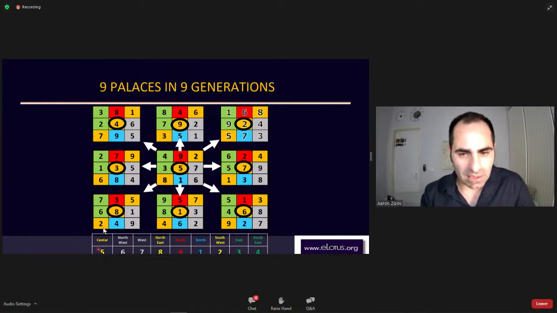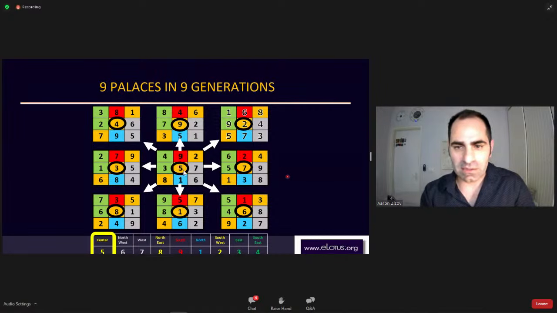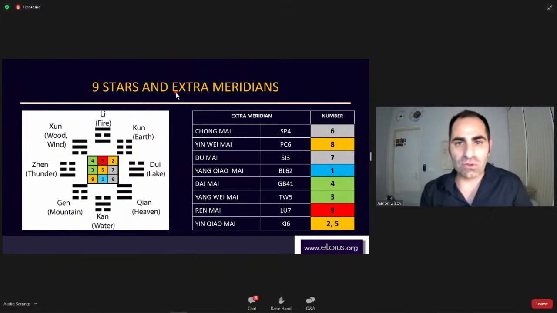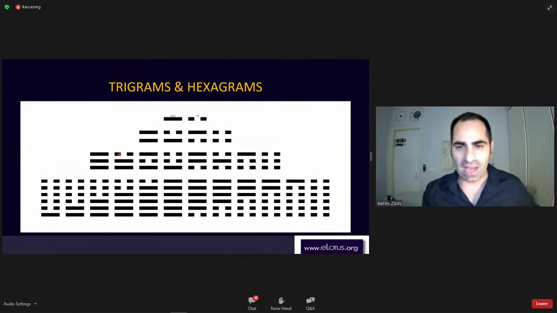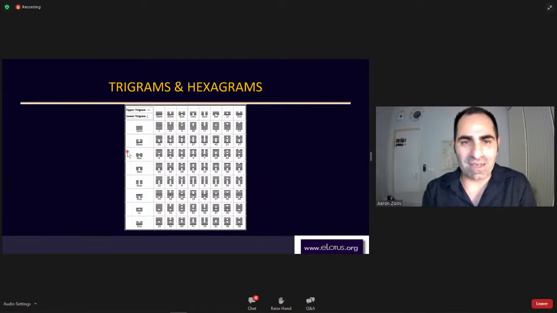Okay, the center is number 5 for the basic structure, and according to this, all the other structures. So again, if you want to use extra meridians, how it goes together with the 9 stars, for example. And the last part is about trigrams and hexagrams, as much as I will have time to discuss, hopefully we will have some time.